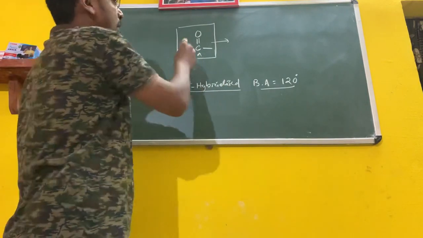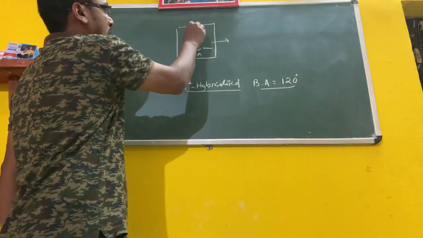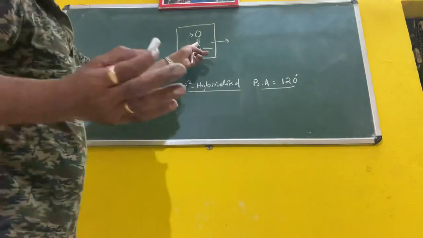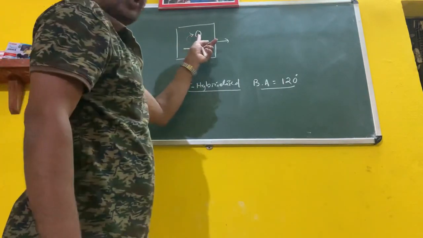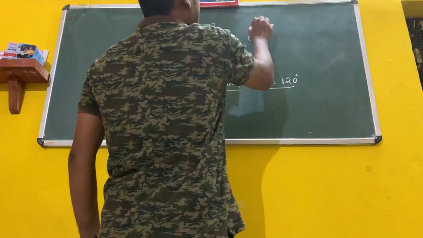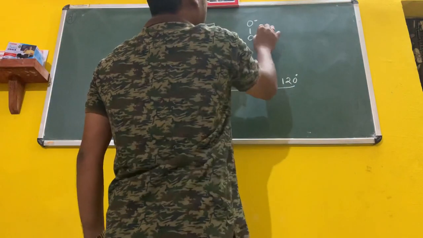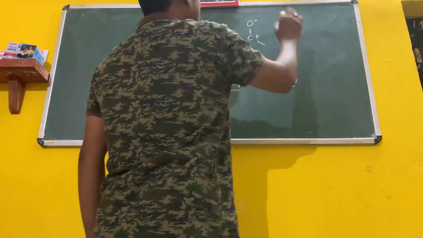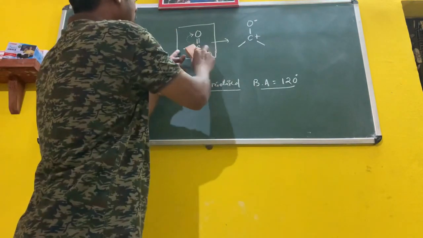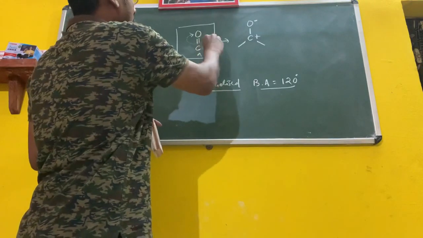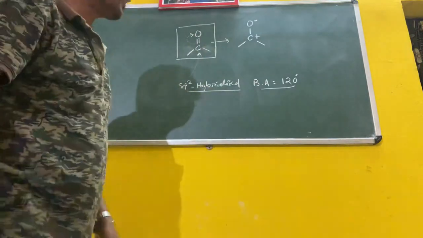In the carbonyl group, oxygen is more electronegative and carbon is less electronegative, so the pi bond, one pi bond and one sigma bond, will be attracted by the oxygen because it is more electronegative. Then it will form C positive, O negative. You can write it in a triangular shape, which makes it easy to show the 120-degree bond angle. The negative oxygen is the nucleophile center and the positive carbon is the electrophile.